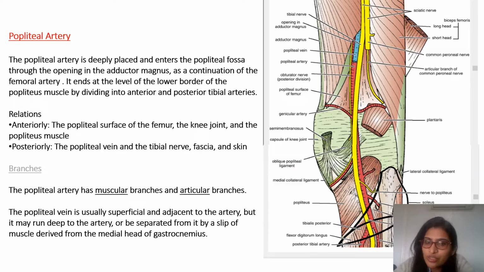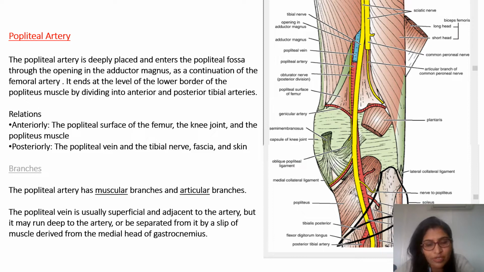It is a continuation of the femoral artery and it ends at the level of the lower border of the popliteus muscle. You can see here this is the popliteus muscle, the lower border of the popliteus muscle, by dividing into anterior and the posterior tibial arteries. So this is the course of popliteal artery in the popliteal fossa.